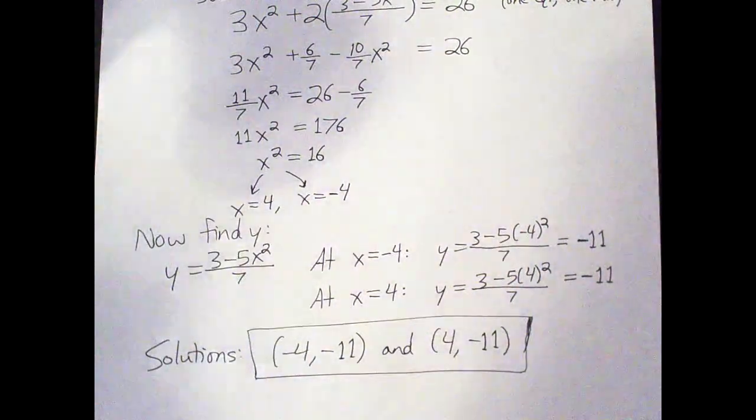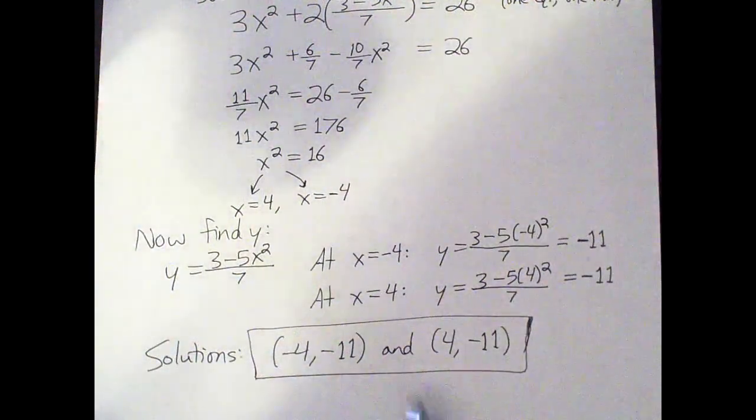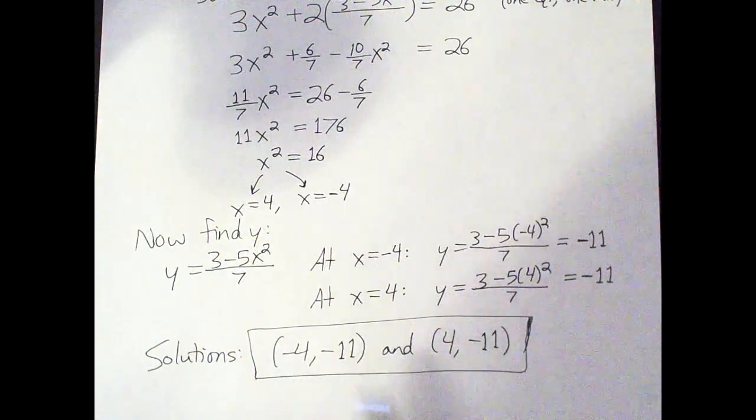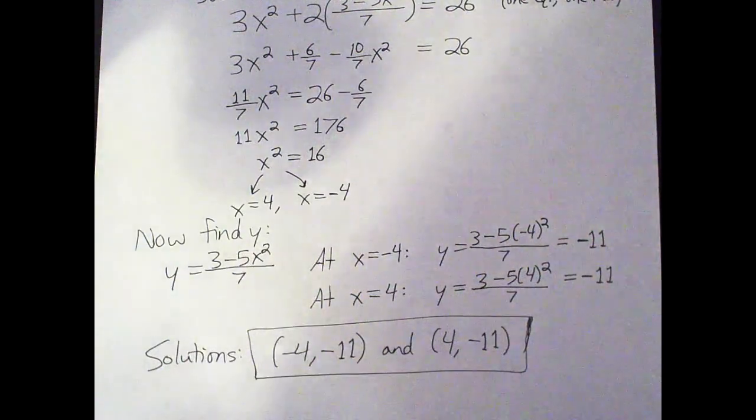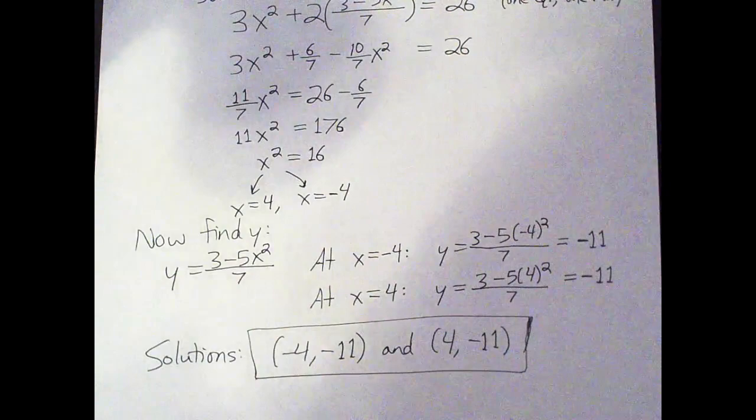By the way, I'll just remind you that when we talked about linear systems, we said this can never happen. A linear system will never have just two solutions. There can be one solution, there can be no solutions, or there can be infinitely many.